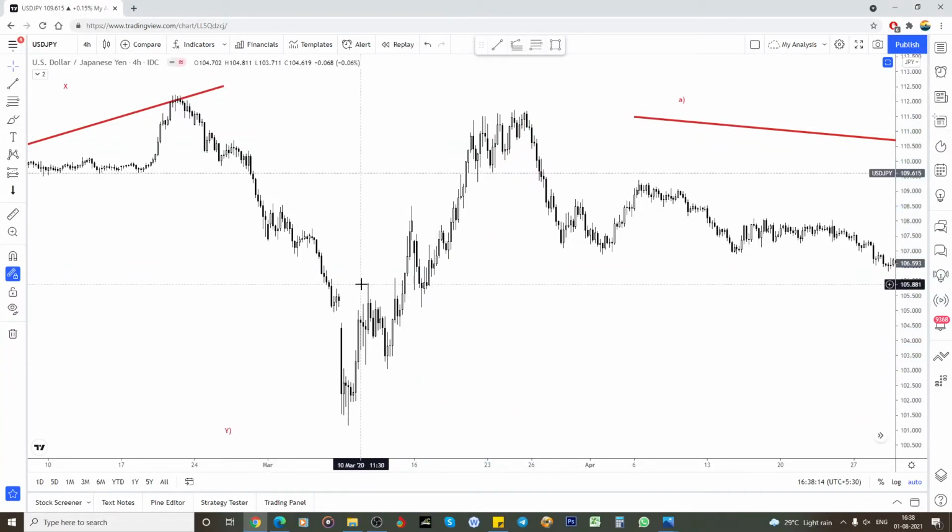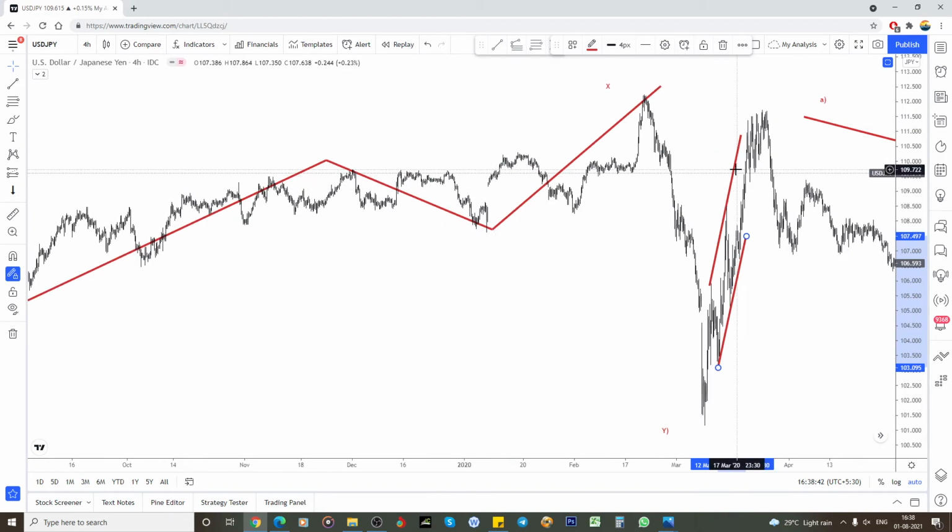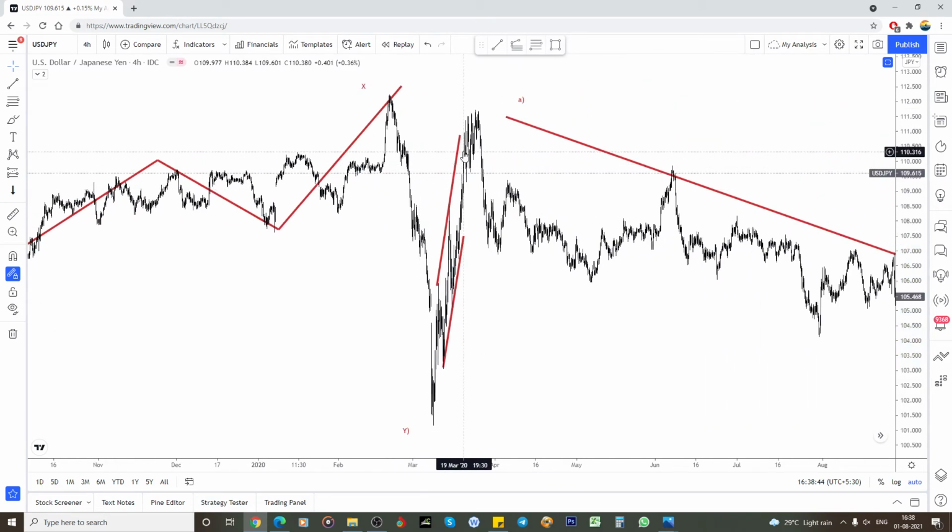Whether this is a 1, 2, 3, 4, 5, I took this as an expanded leading diagonal, that kind of path. Here it's a 1, 2, 3, 4, 5 also. It's looking like an expanding leading diagonal, wave 1, 2, 3, 4 and 5. I took it like that. But in case this whole thing becomes a B, and this is the C, then this will become W.